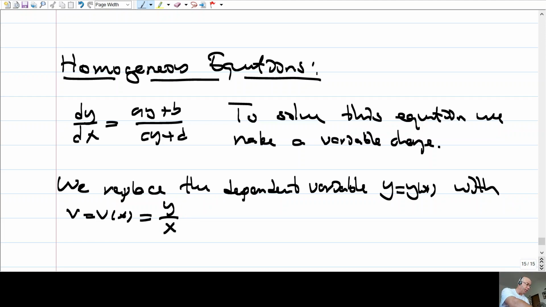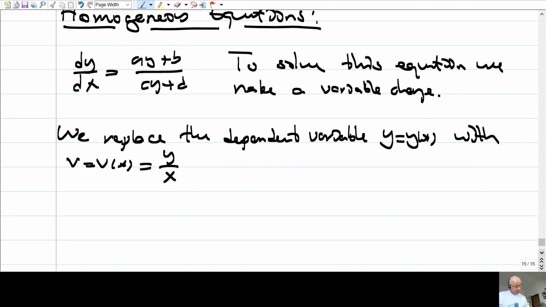Okay, and this gives us what? So we have x times v, which is a function of x, equal to y. And from this, taking derivatives with respect to x, we see what? y prime is equal to the derivative of x times v, right?